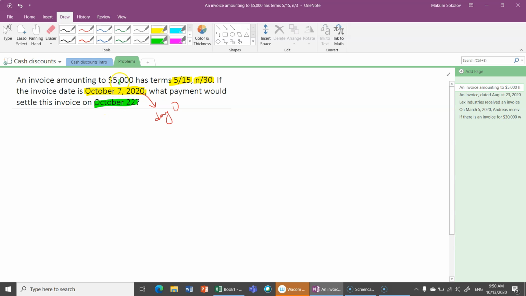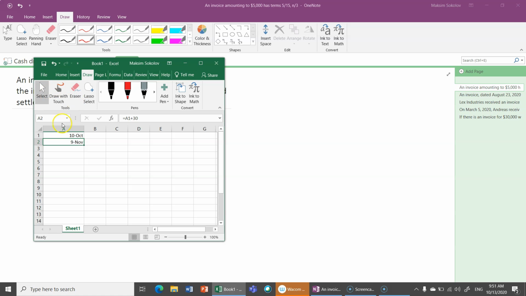We need to identify how many days are between October 22 and October 7. So of course, it's pretty straightforward. It's 22 minus 7, right? So it's going to be 15 days. And October 22nd, therefore, is day 15. Now, if there is any difficulty ever with this calculation, it is possible to use Excel.